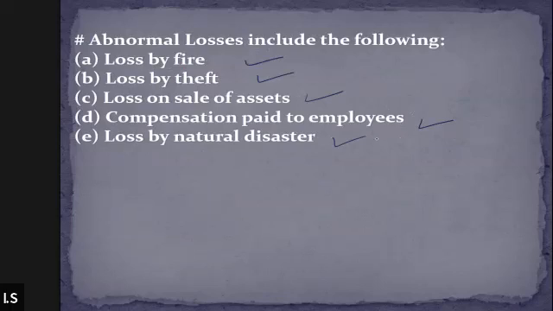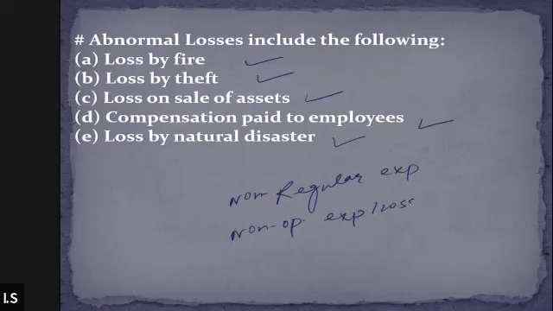These are all losses of the firm, but you can notice that these are not regular, day-to-day business expenses. These are non-regular, non-operational expenses. So expenses or losses which are non-regular and non-operational are considered abnormal loss or expense.